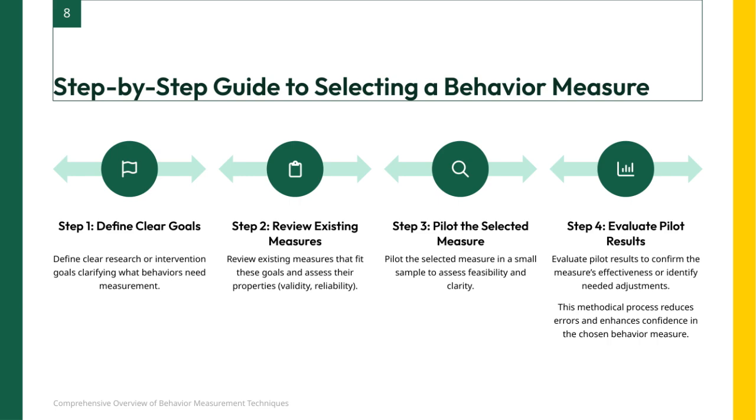After narrowing down your options, pilot your chosen measure with a small sample. This trial run helps to check if the measure is practical and easy to understand. Finally, evaluate the pilot results carefully. This step confirms whether the measure is effective or if adjustments are necessary. Following the step-by-step process minimizes errors and builds confidence in your final behavior measure choice.